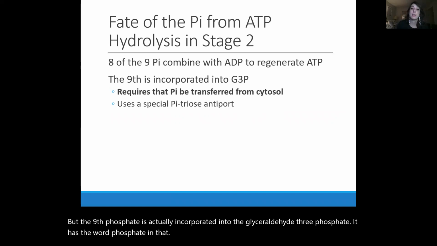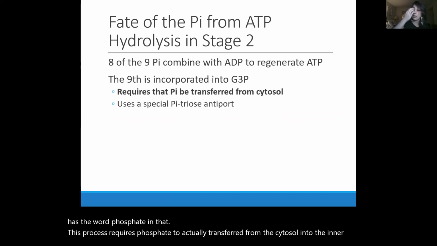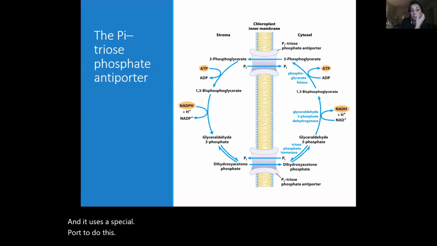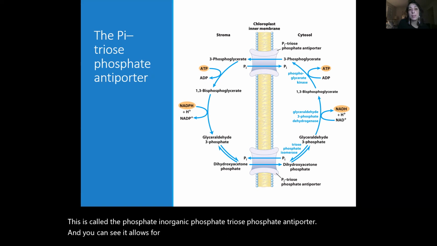This process requires phosphate to actually be transferred from the cytosol into the inner area, and it uses a special port to do this. This is called the inorganic phosphate, triose phosphate antiporter. And you can see it allows for the movement between the stroma and the cytosol.